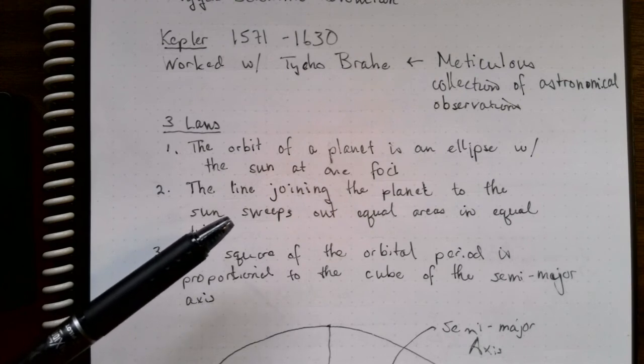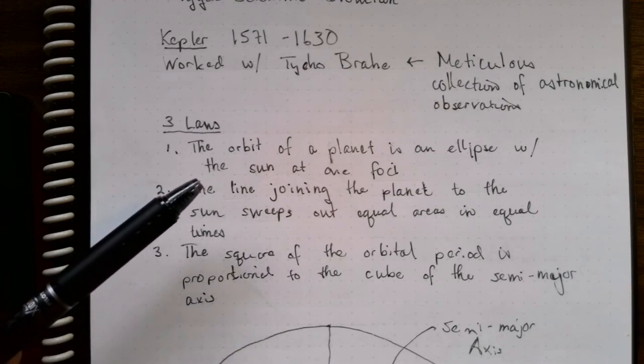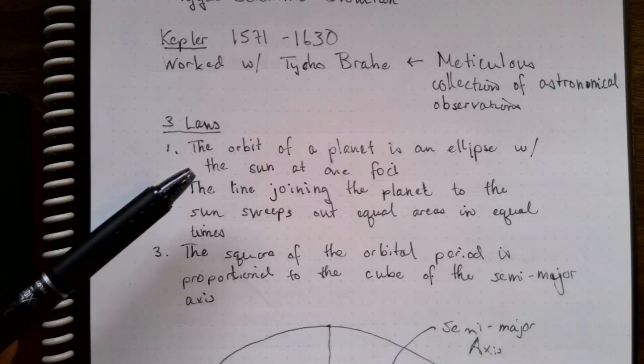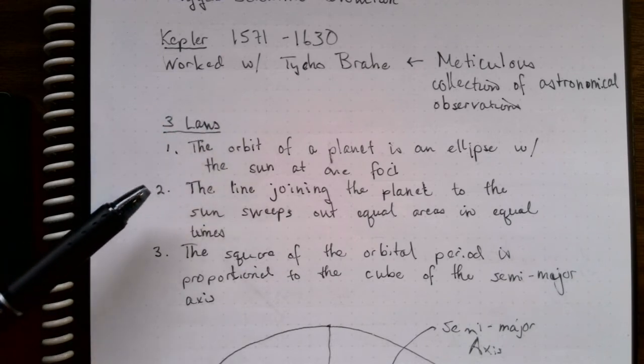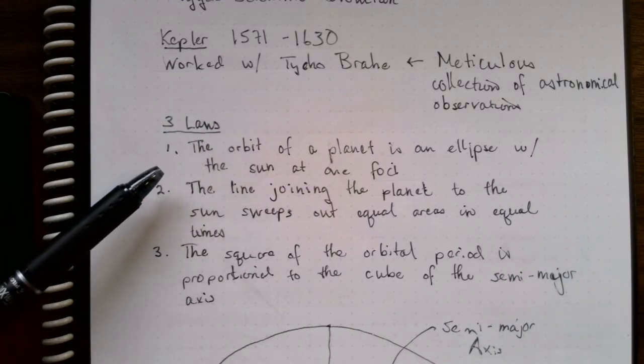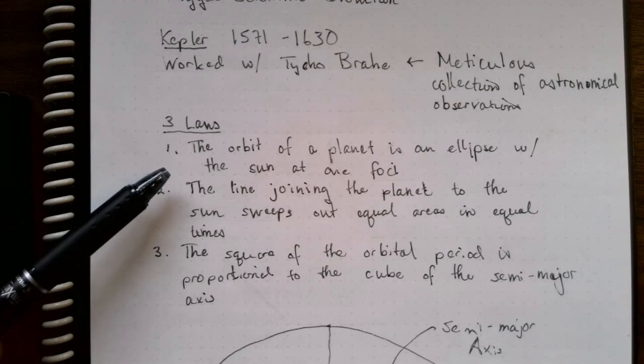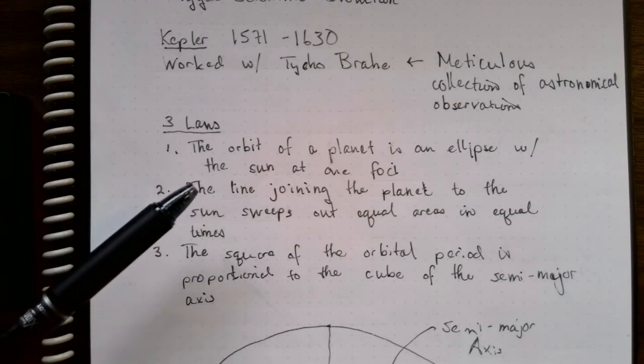So Kepler is dropping the insistence that the orbits of planets are circles, and he says, okay, I've got access to all this data, and everything works out if I make the orbit an ellipse rather than a circle.